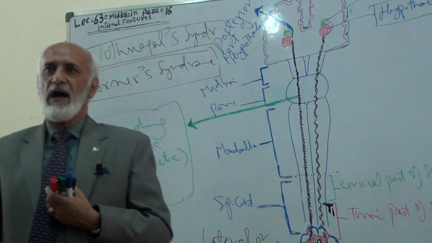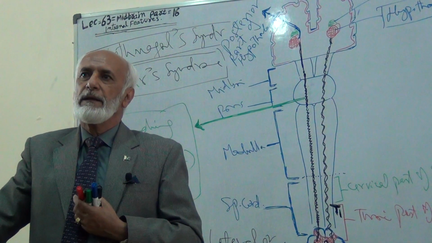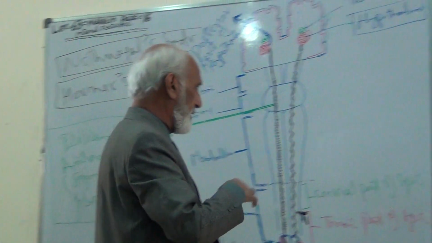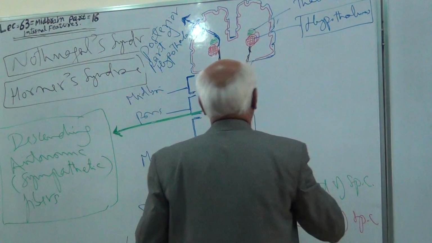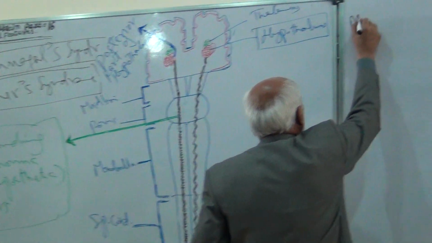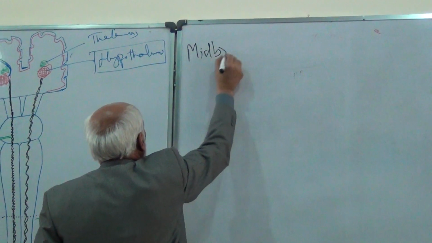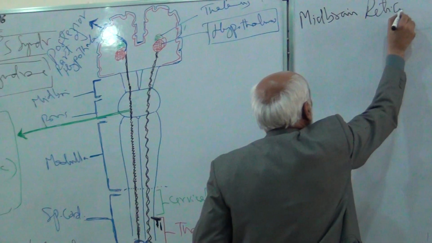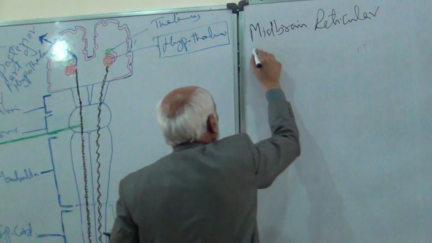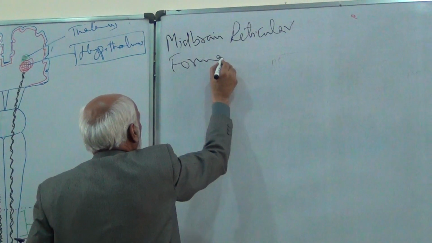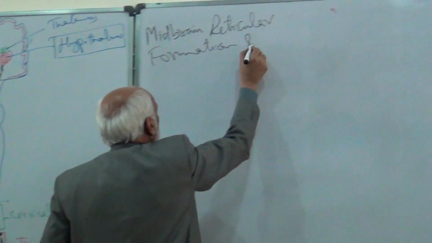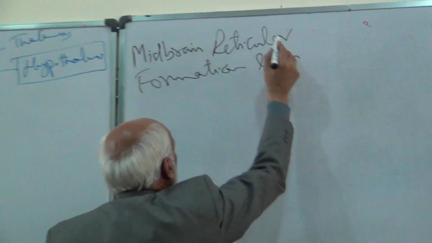Now, next to Horner syndrome is midbrain reticular formation damage, lesion or damage.